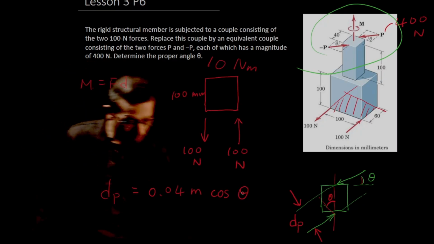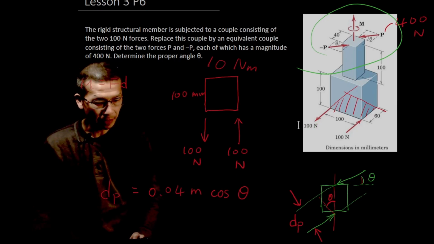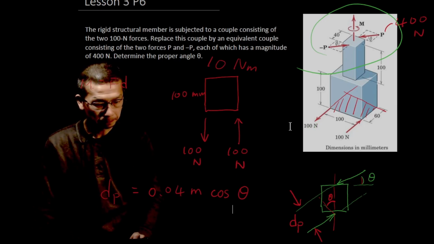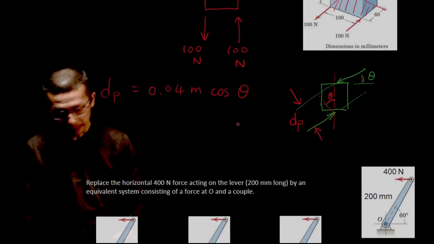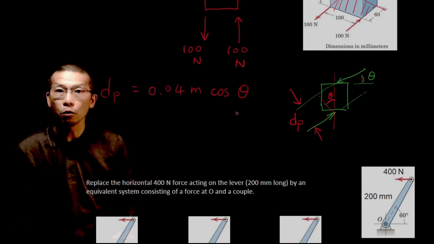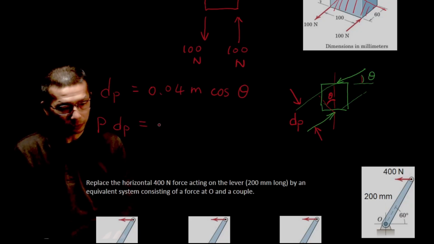So that's our dp. And now we want the two moments to be equal. So what do we do? P dp is equal to F d.